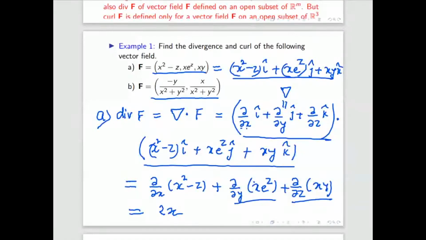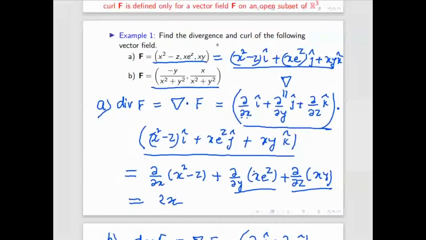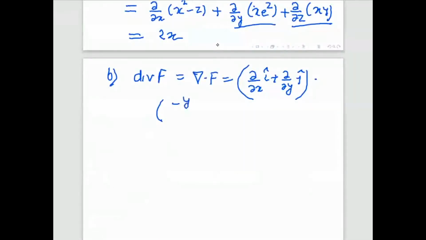We take the same formula, del dot F, but here del has only two components, i cap and j cap, with dot product with F, where F is minus y by x squared plus y squared i cap, plus x by x squared plus y squared j cap.